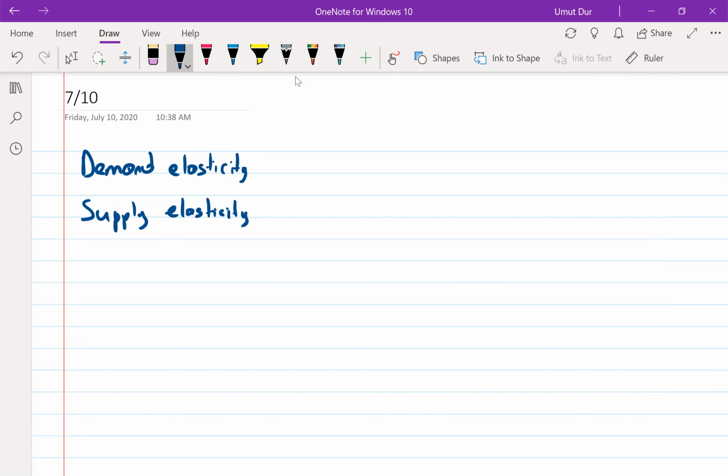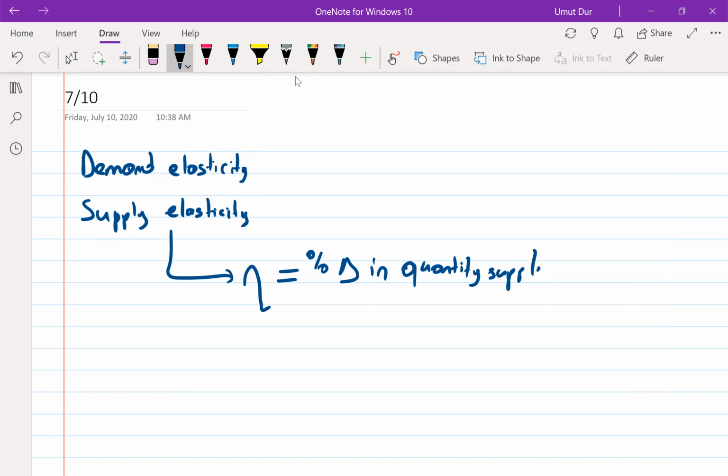Let me remind you that the supply elasticity, denoted by eta, is the percentage change in quantity supplied divided by the percentage change in price of the good.